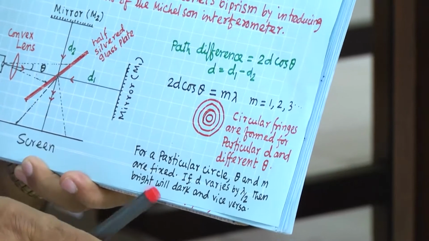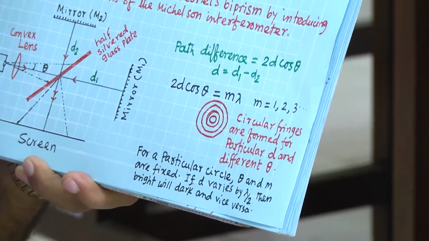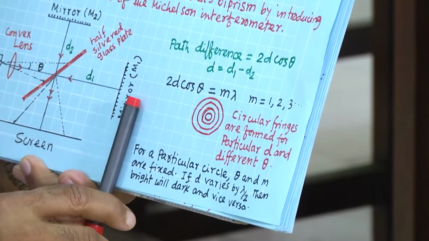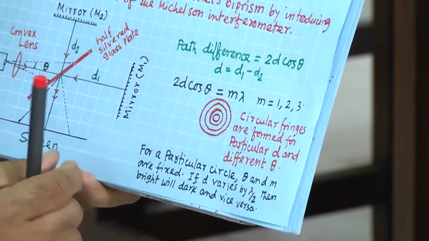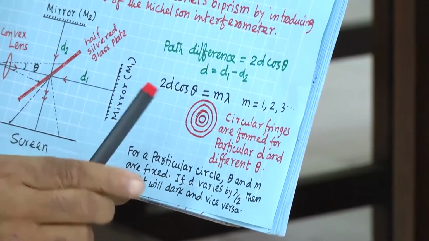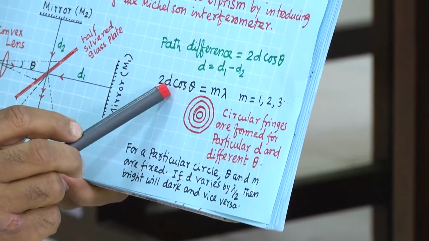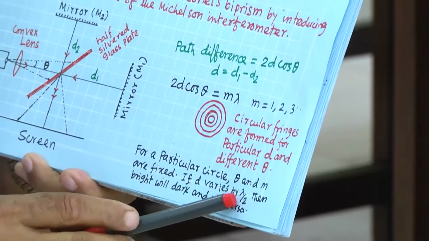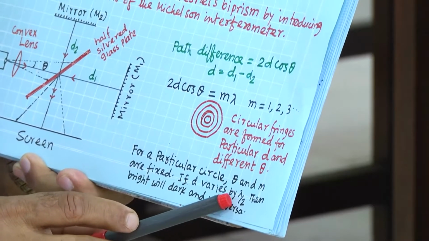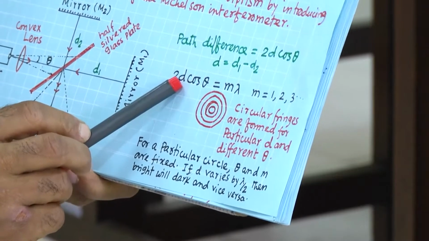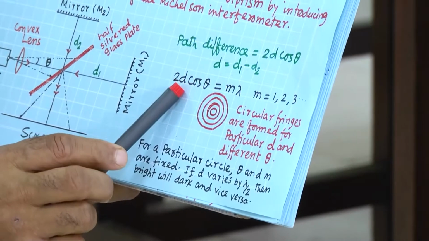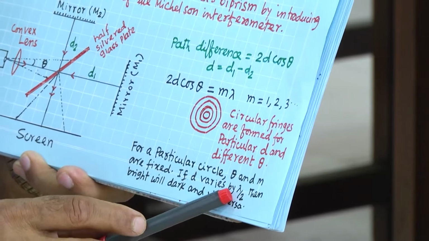Okay. So, if you shift very slowly, if it is a bright one, and the shifting is lambda by 2, okay.